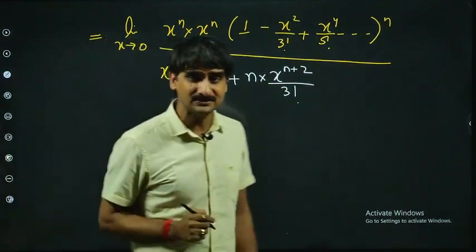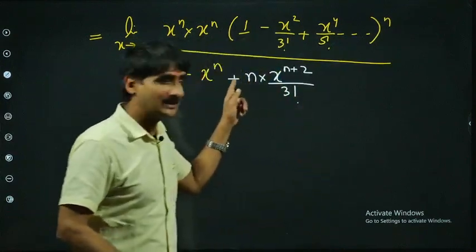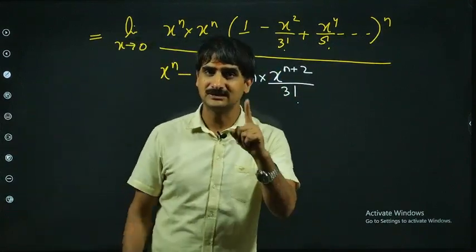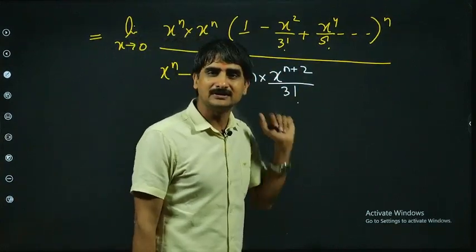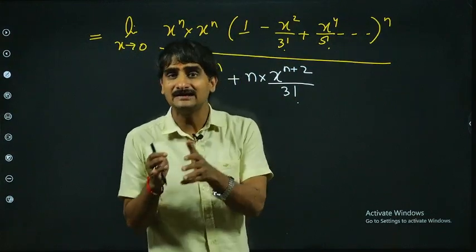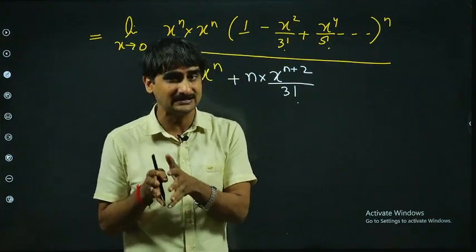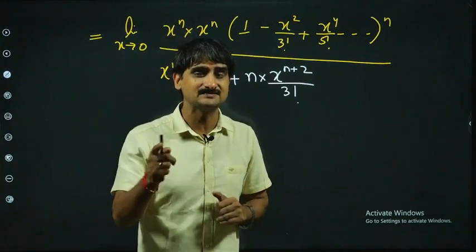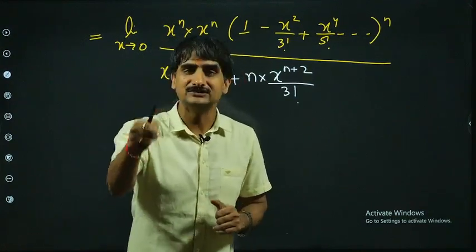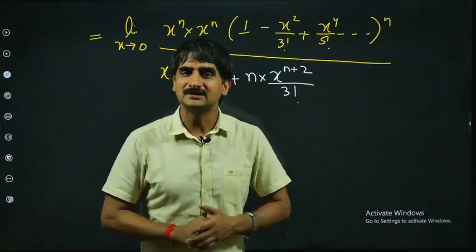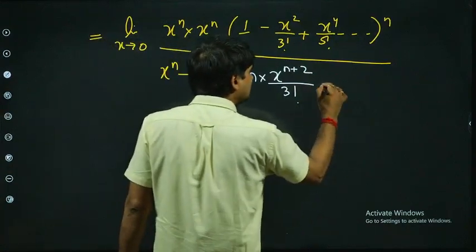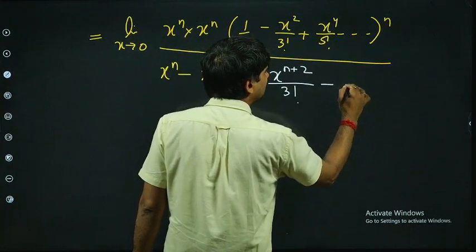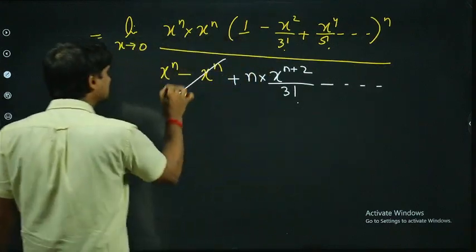Why is it n plus 2? Because from n minus 1 brackets I selected x, that gave x to the power n minus 1, plus 3 from the x cube of the other bracket, so n minus 1 plus 3 is n plus 2. Any other term will have a power greater than this, so those get cancelled.